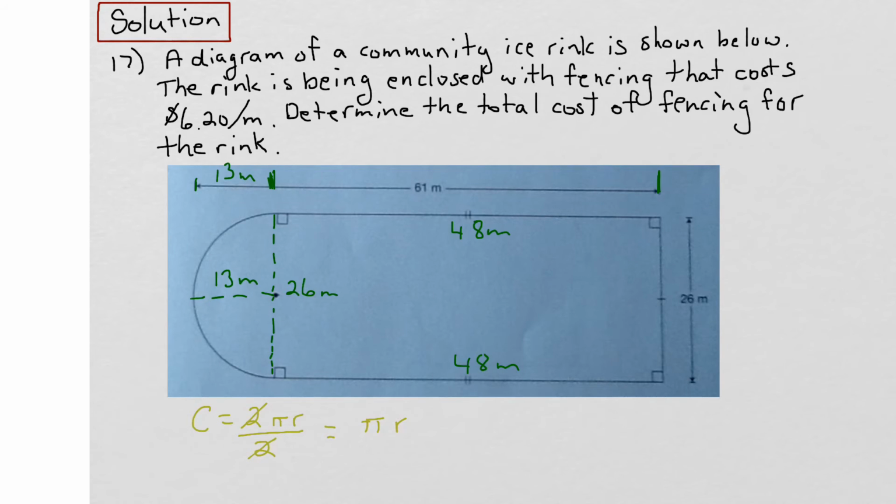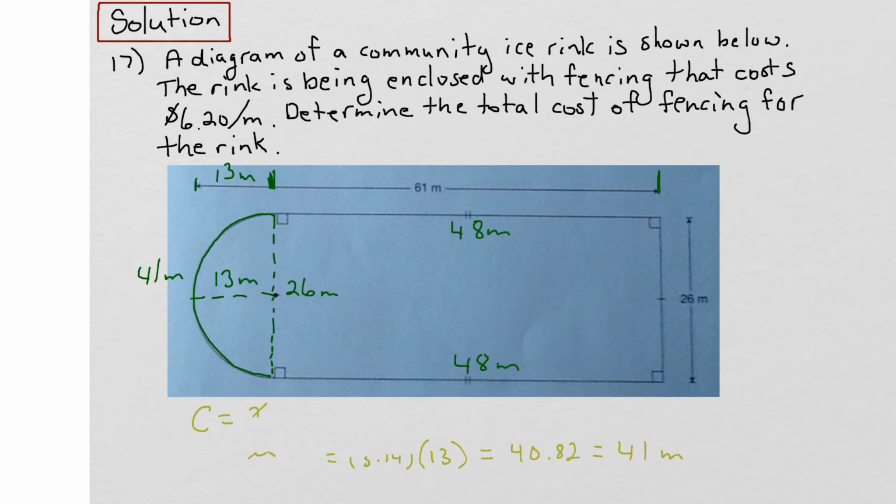We'll use, say, 3.14 for our value for pi, and our radius we know is 13 meters. If we plug those values into our calculator, we'll get the circumference being 40.82, which in our case we should round up just to be sure to 41 meters. So now we know that 41 meters is the distance all the way around here.